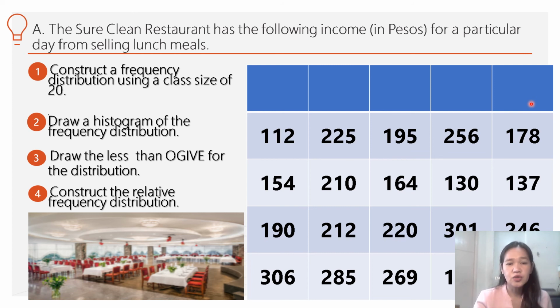Number 3, draw the less than ogive for the distribution. And number 4, construct the relative frequency distribution. You may submit your answers in Google Classroom. I'll give you 10 minutes to finish this part.